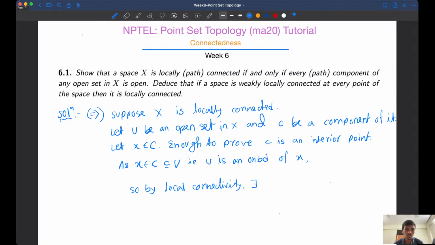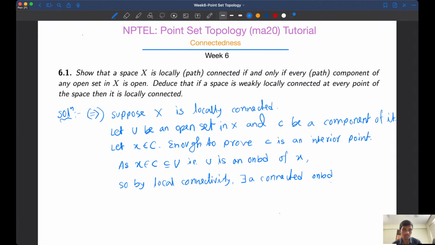By local connectivity you can say that there exists a connected open neighborhood, let's say A, of x such that x belongs to A and A is totally contained in U. Let's not take V, since U and V look almost the same.